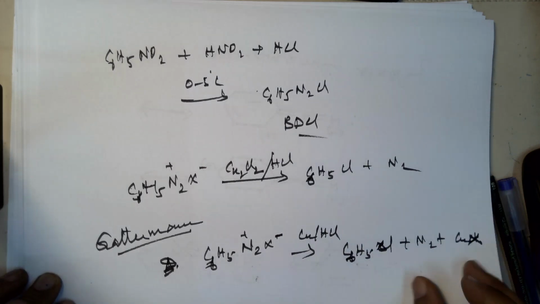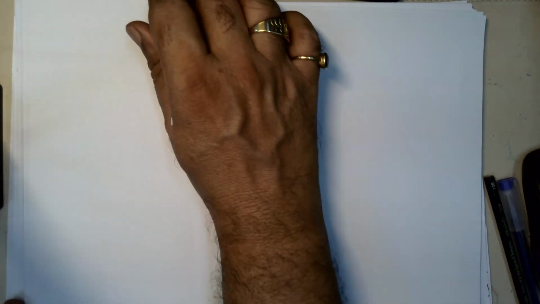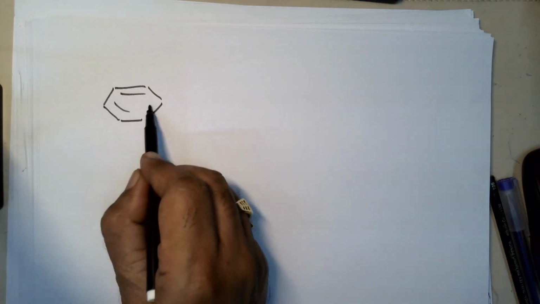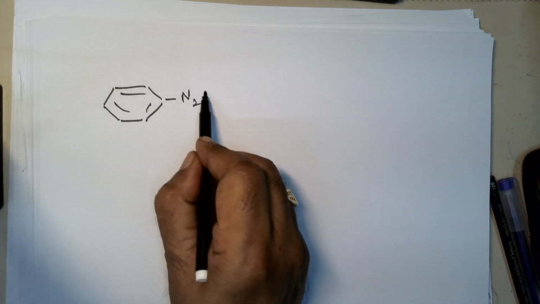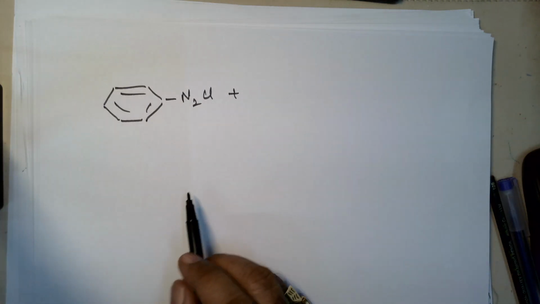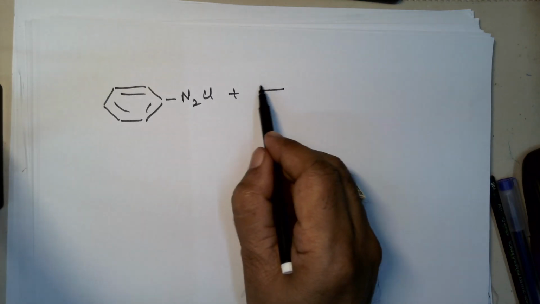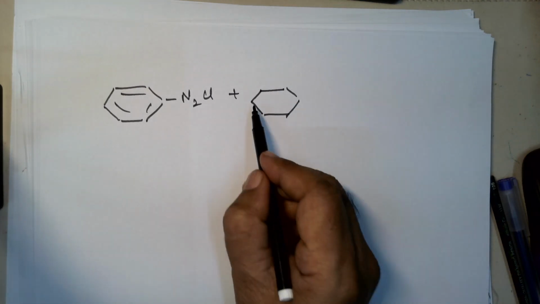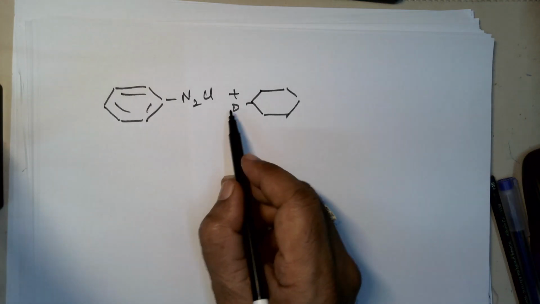And finally, you have coupling reactions. They are very popular, and they are called azo colors. For example, let us have benzene diazonium chloride, C6H5N2Cl plus. In a coupling reaction, the para position is attacked.